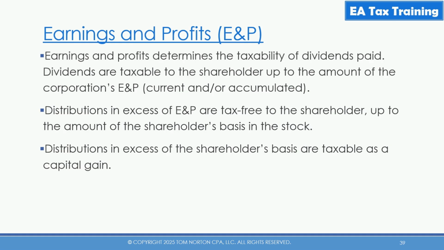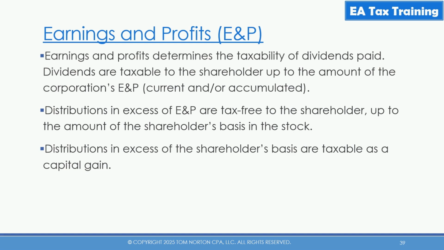So why are we going through all of this? Well, as we said before, earnings and profits determines the taxability of dividends that are paid. So dividends are taxable to the shareholder up to the amount of the corporation's earnings and profits, both their current year earnings and profits and their accumulated earnings and profits.